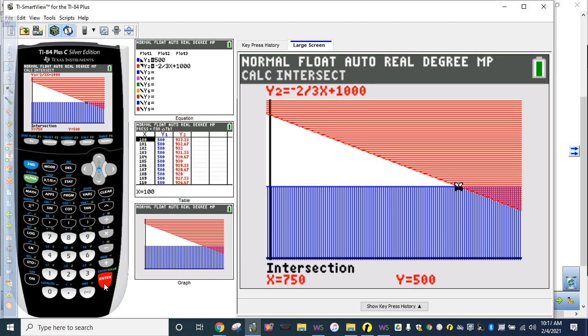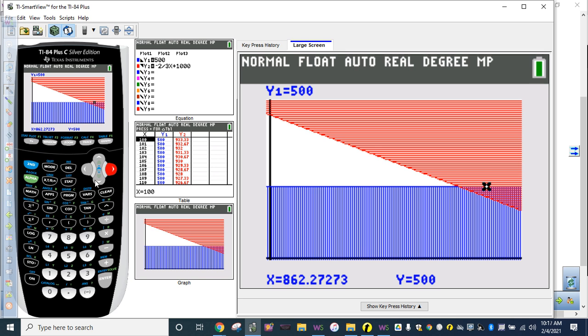You can also click trace, not second trace, just trace. If you hit the right arrow, those are points along that line, y equals 500. You'll notice that y always equals 500 along that line, and the x value changes. Every single one of those is also a solution.